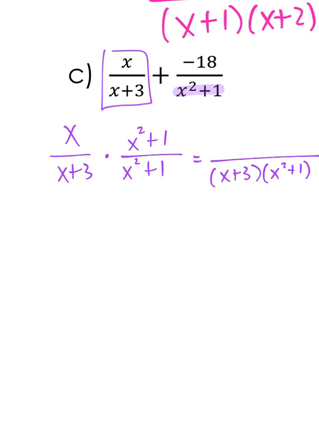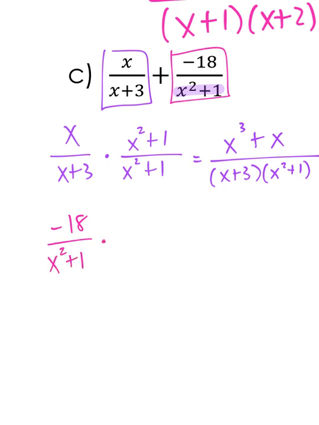So x times x squared plus 1 gives me x cubed plus x. Now I'm going to do the same thing, but I'm going to take this factor and multiply by this denominator on top and bottom.